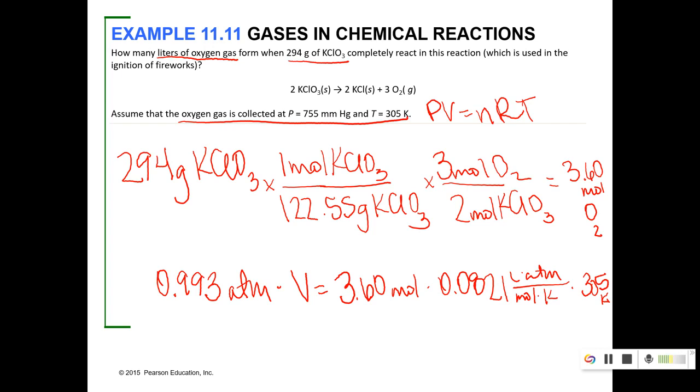So 3.6 times 0.0821 times 305 divided by 0.993, and I get that the volume is equal to 90.8 liters. Now, is that a lot? Yes. Is that a good amount of oxygen? Yes.